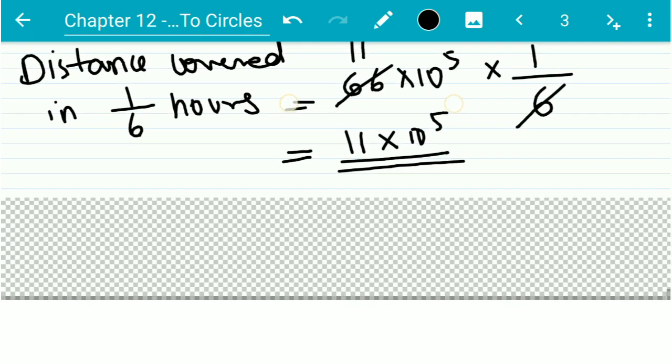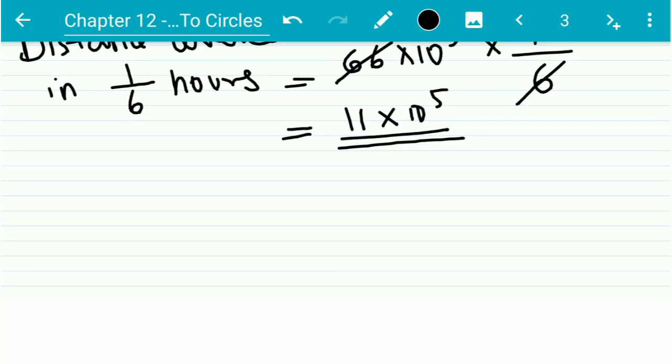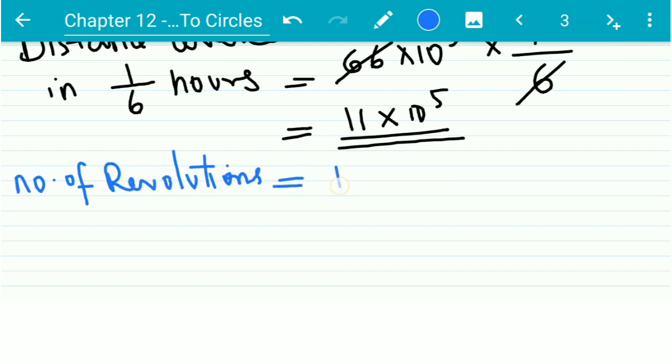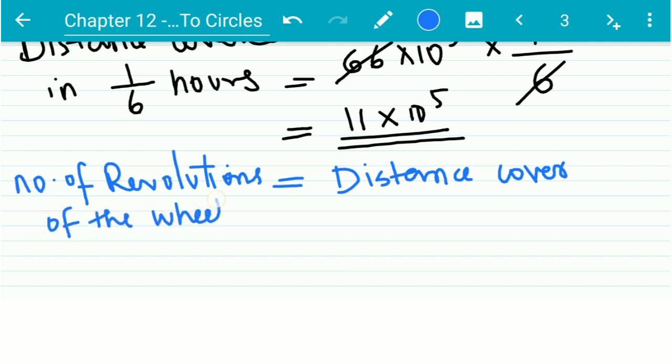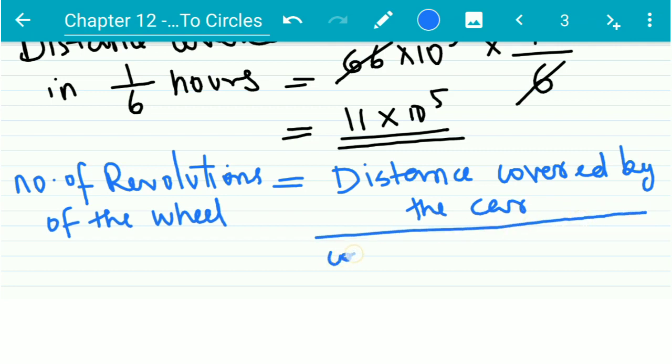Now we'll see the formula to find the number of revolutions. So write number of revolutions of the wheel equal to distance covered by the car divided by circumference of the wheel.